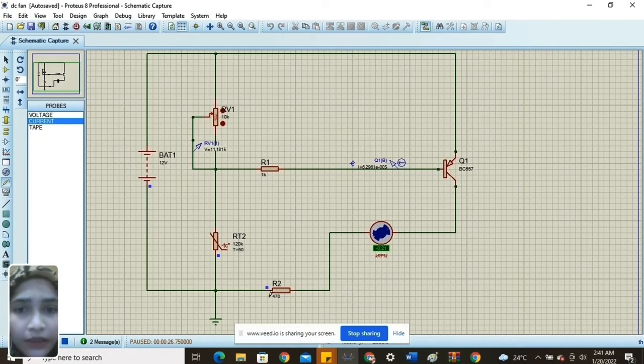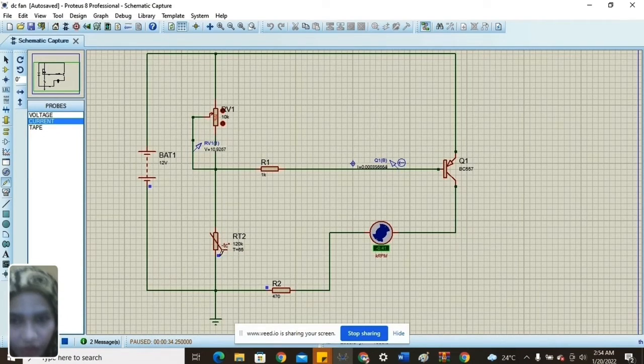Meanwhile, the current across the PNP transistor is 0.0424 ampere. Meanwhile, the voltage across the potentiometer is 11.18 volts.